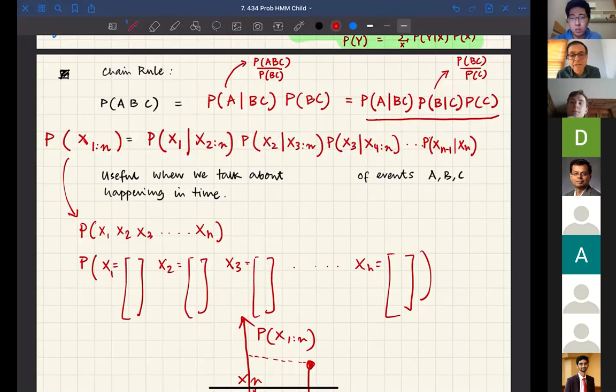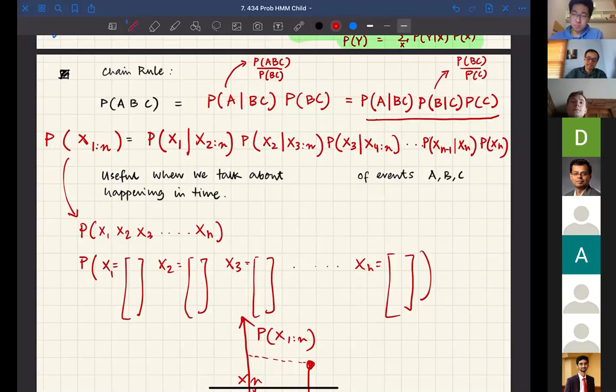Then is that the last term? Times P(xn). Very nice. Beautiful, right? It nicely decomposes. You eliminate one by one.